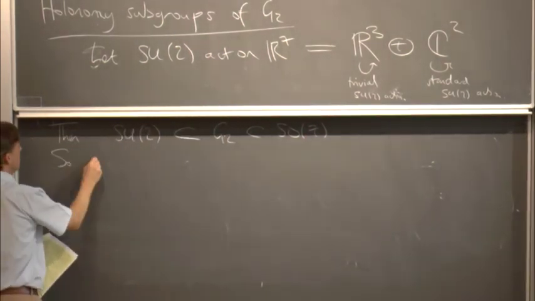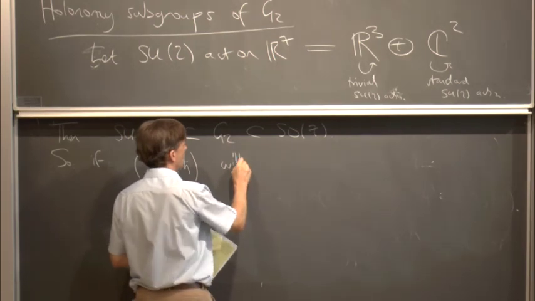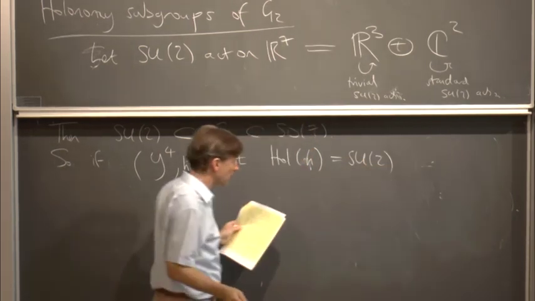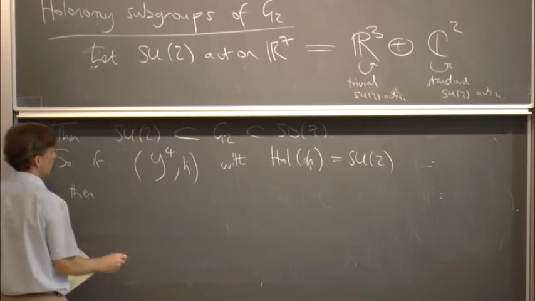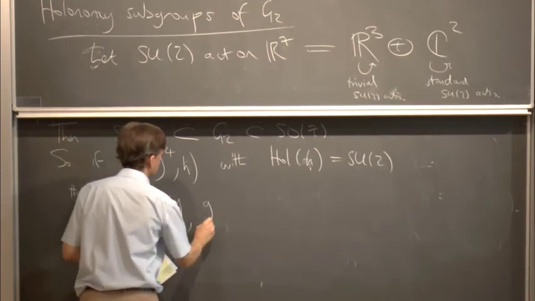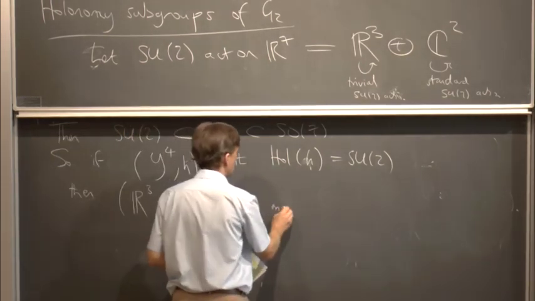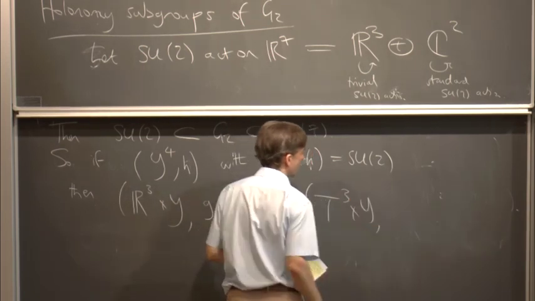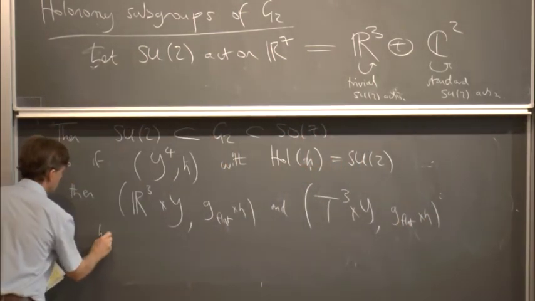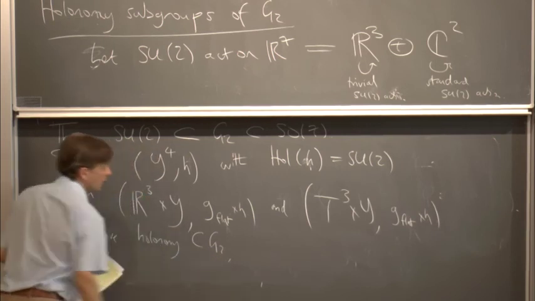So if you have some four-manifold Y with metric h, with the holonomy group of h being SU2, so you have some Calabi-Yau twofold, then R^3 cross Y with a flat metric on R^3 cross h, and also T^3 cross Y with a flat metric on T^3 cross h, have holonomy contained in G2, so they're torsion-free G2 structures.